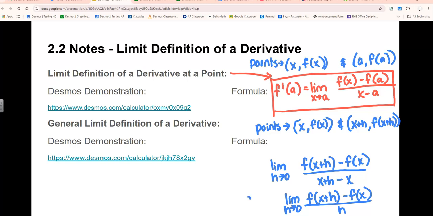So we would call this f prime of x. It gives us a general rule that then could be used at any point that we want to use this for. So this right here is a different type of limit definition of derivative that we also need to have memorized.